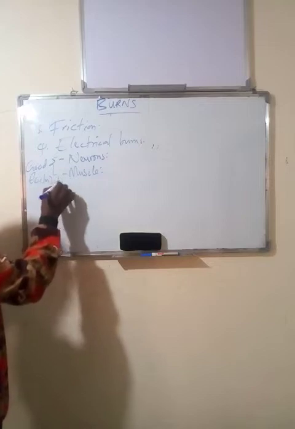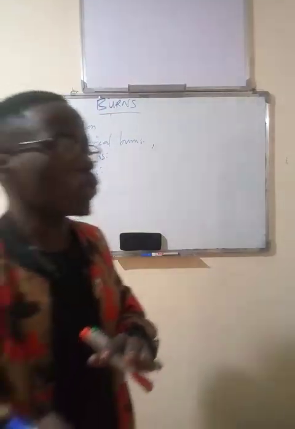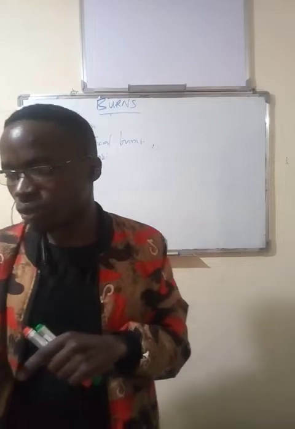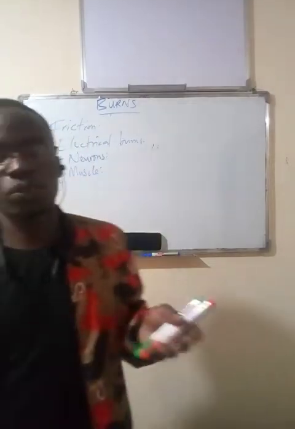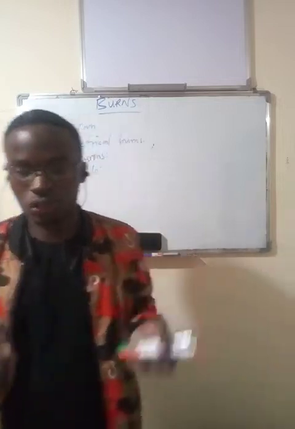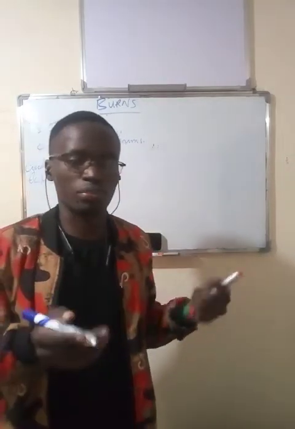Remember what it means when we say good conductor and bad conductor. A good conductor allows electricity to pass through, and a bad conductor is a material that does not allow electricity to actually pass through.